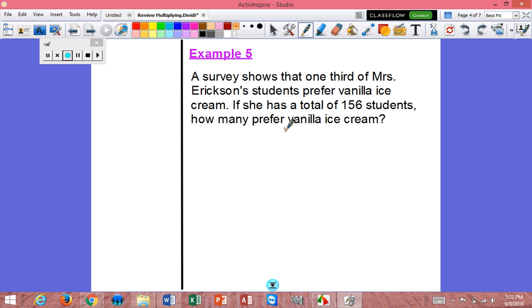All right, example 5. A survey shows that 1/3 of Mrs. Erickson's students prefer vanilla ice cream. If she has a total of 156 students, how many prefer vanilla ice cream? Anytime you see something like this, 1/3 of, anytime you are taking a fraction of something, that means you're going to multiply.